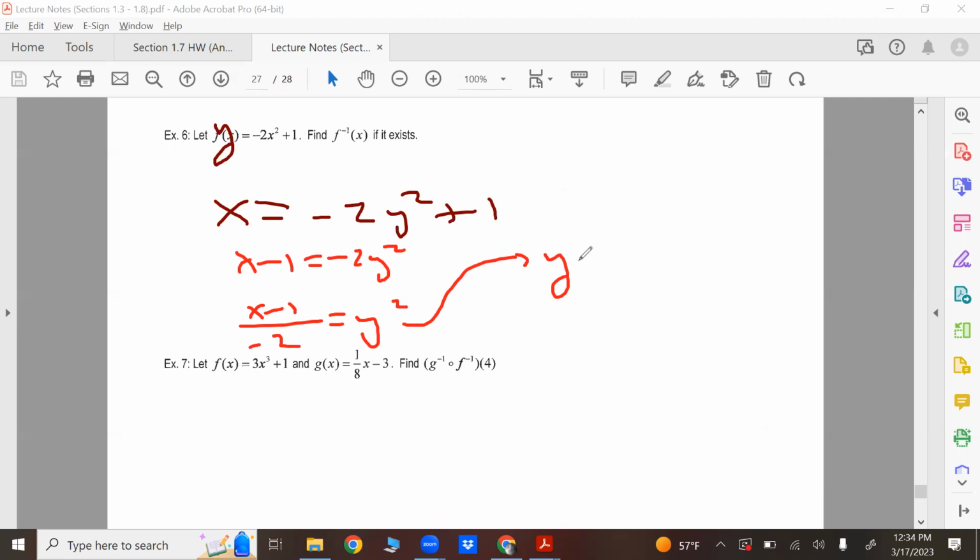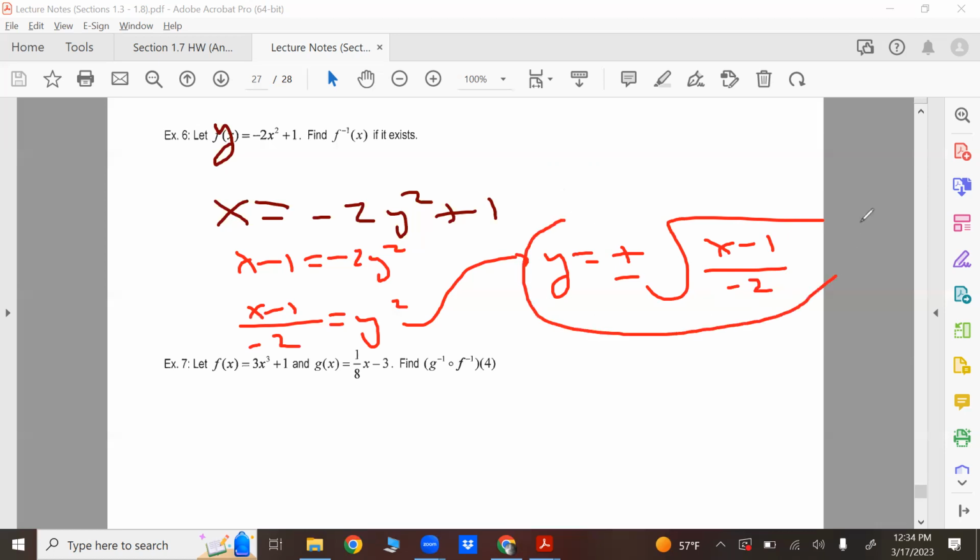Yeah, you gotta put plus or minus. So that'd be your inverse there. However, this would fail the vertical line test because y equals 2 different numbers, and you can't have that for a function. But for now, let's just worry about isolating y, and that's what you do.